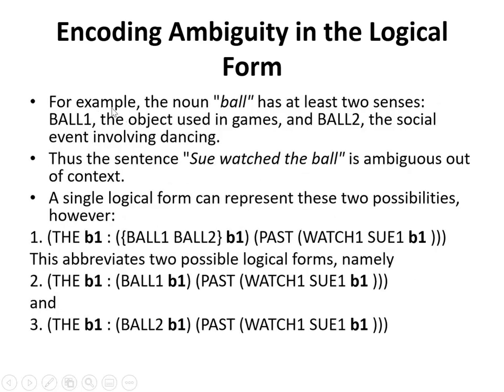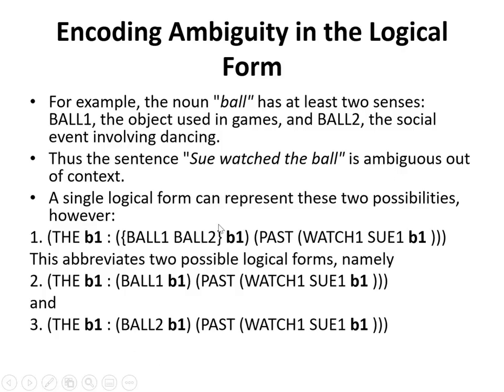For example, I gave you the example of ball in my previous lecture. The word ball has at least two senses: the object used in games, which can be represented by ball1, and ball2, the social event involving dancing. Thus, the sentence "Sue watched the ball" is ambiguous out of context.